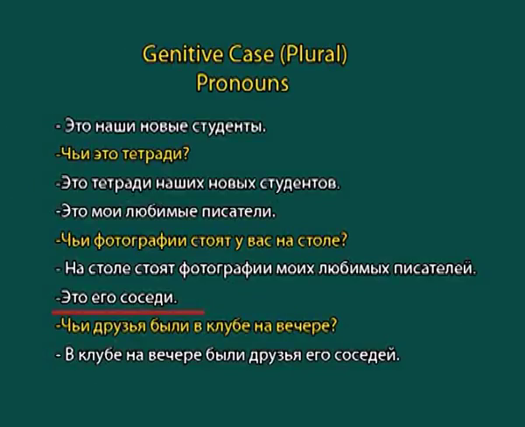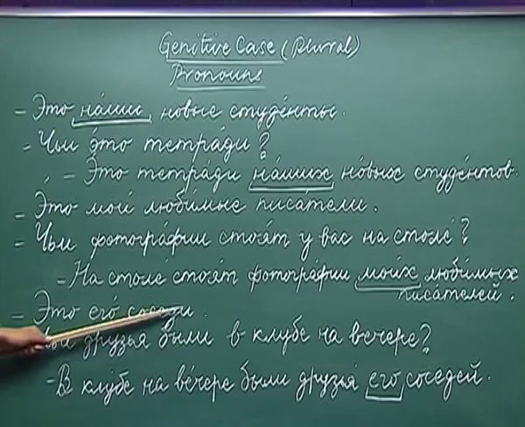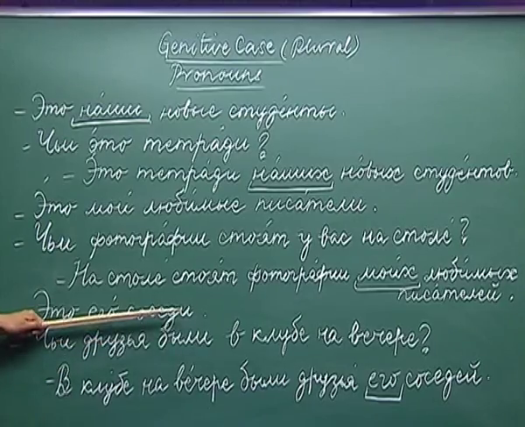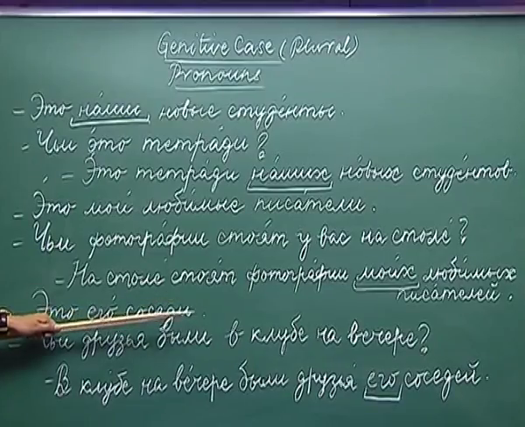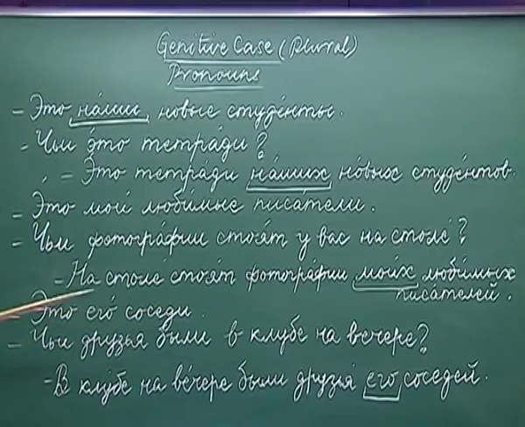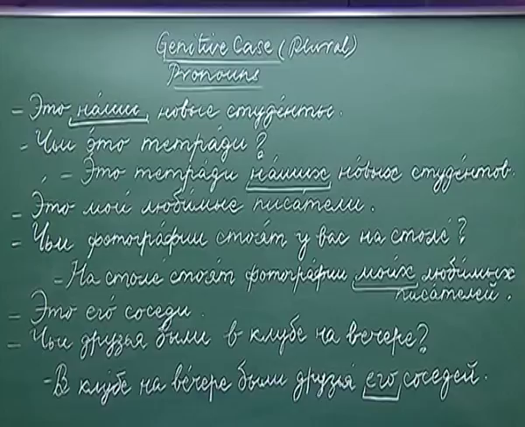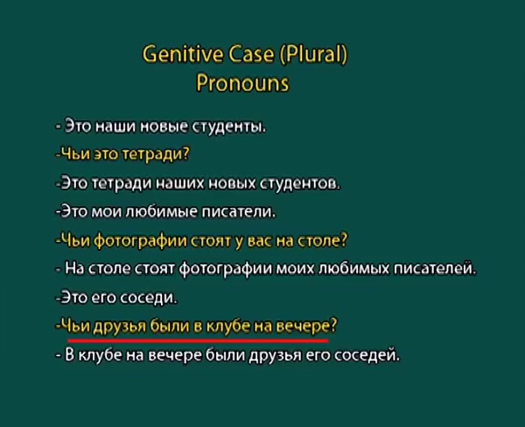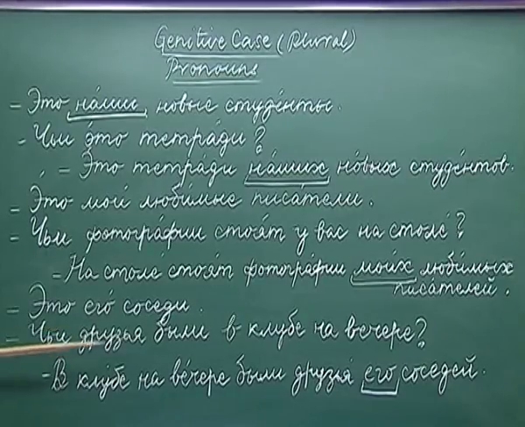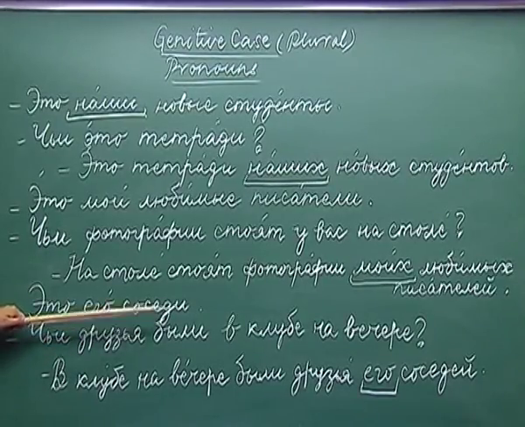Next is a sentence. Это его соседи. Соседи is the nominative plural of сосед, neighbor. These are his neighbors. Next is a question which is to be answered with the nouns in the first sentence.